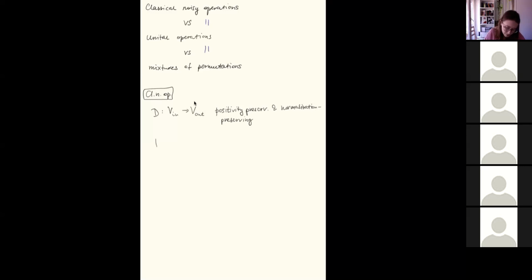Then the action of this map D on the incoming state could be described as the following: sum over omega A prime of pi of x tensor product MA.